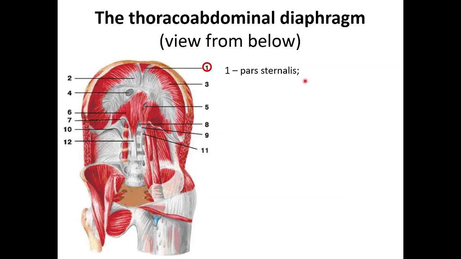It means that it starts from the sternum, from processus xiphoideus. This is the smallest part of the thoracoabdominal diaphragm. It has a triangular shape and it's placed in the front part of the diaphragm.